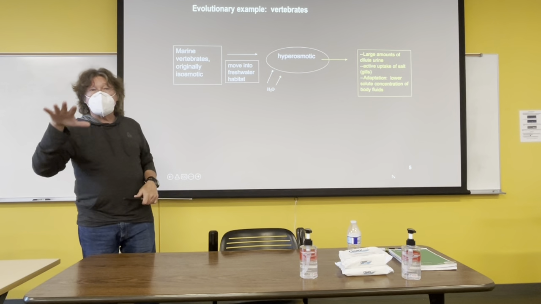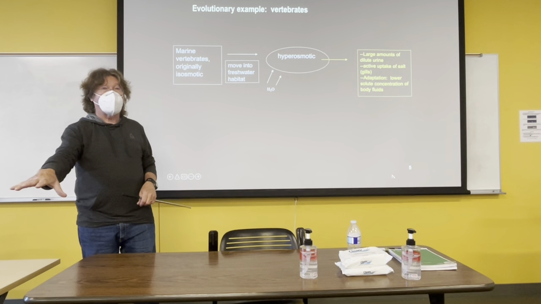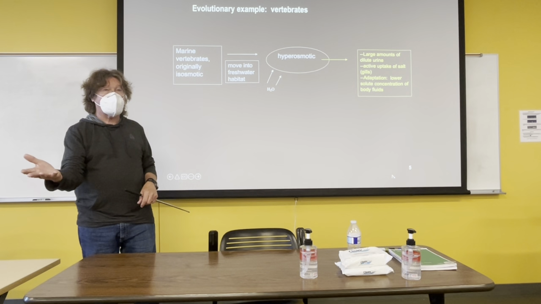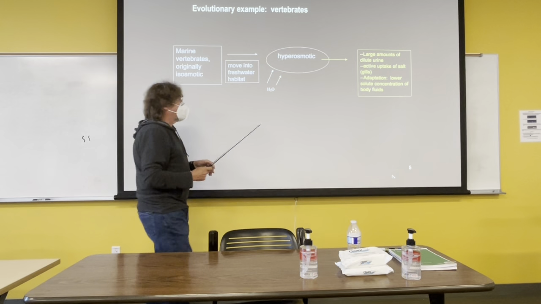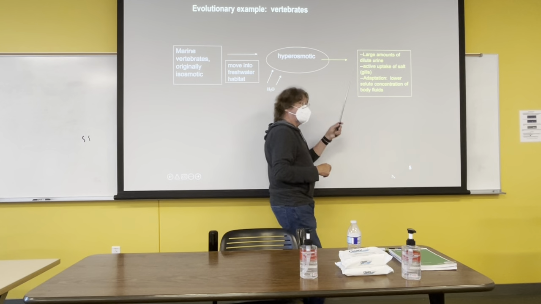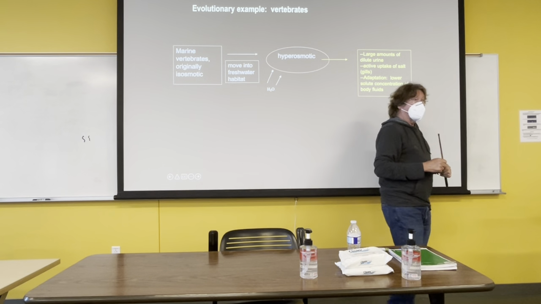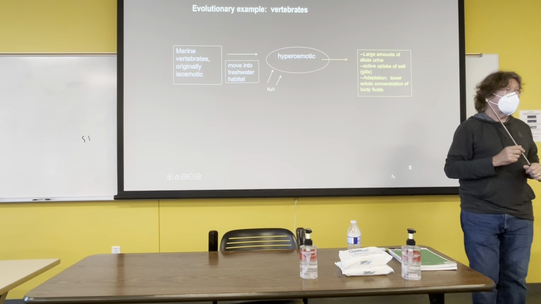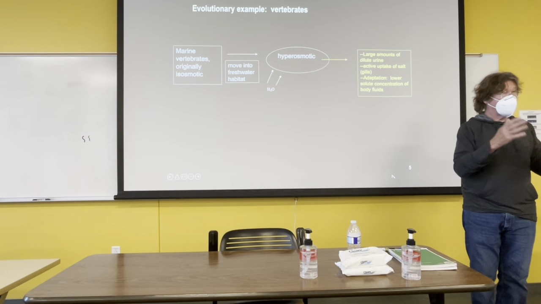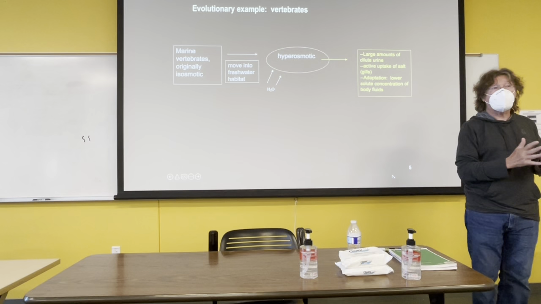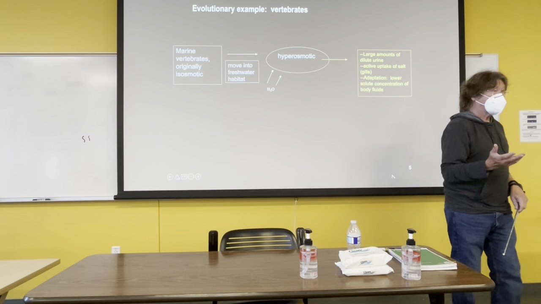Now, they can't lower that gradient all the way down to where they're isosmotic. That's impossible. But nonetheless, the solute concentration in freshwater fish is less than in marine water, so decreasing the gradient a little bit still saves a lot of energy.